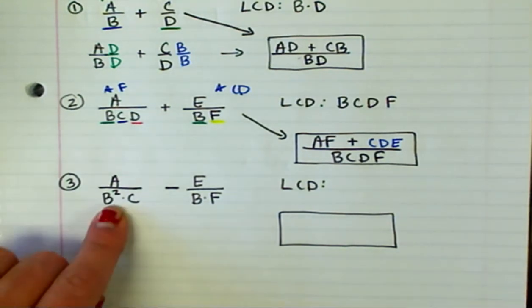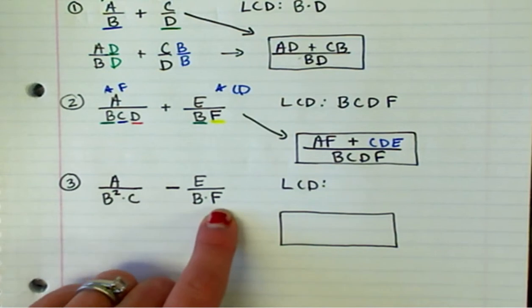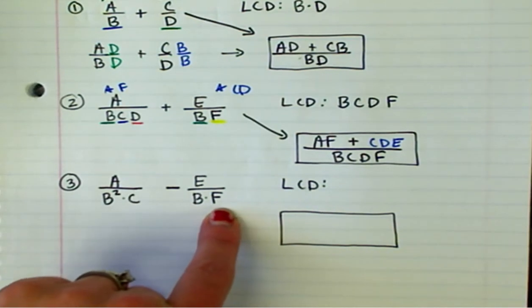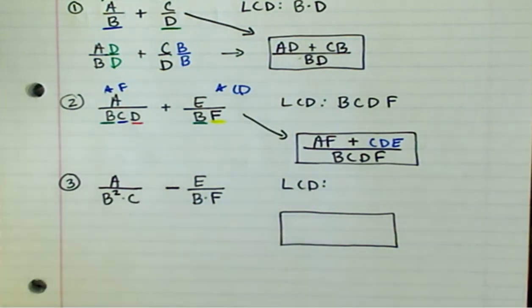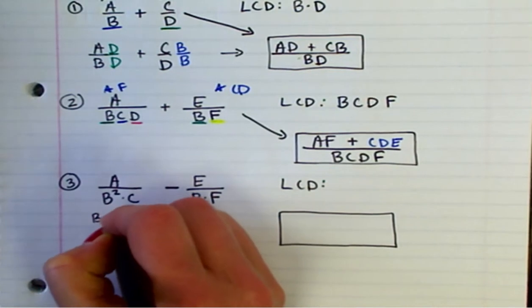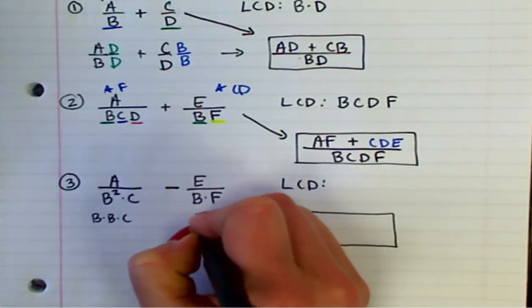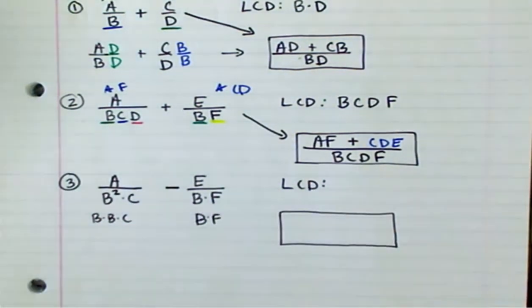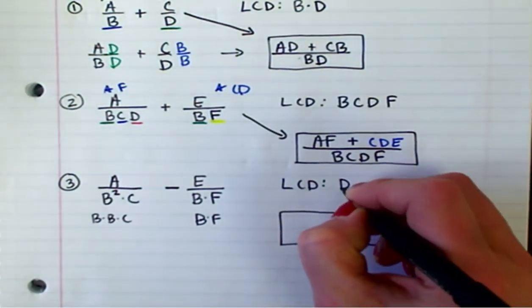Of the first one, and then of the second one, you have B and F. You got to look at them separately. I have B, B, and C, and then here I have B and F. Which ones are different? Which ones are common? B is common.